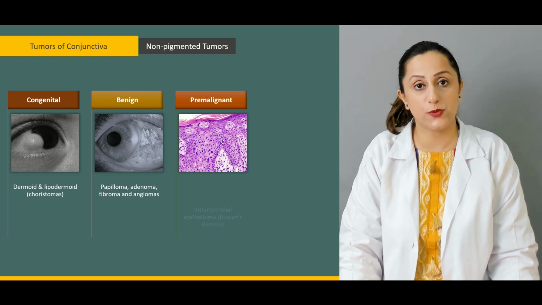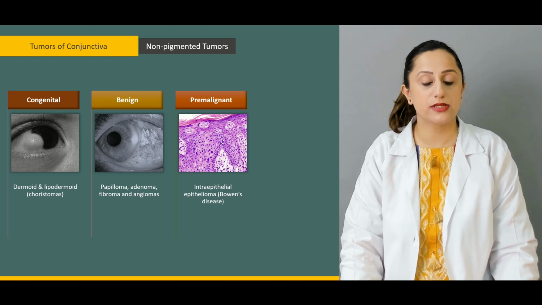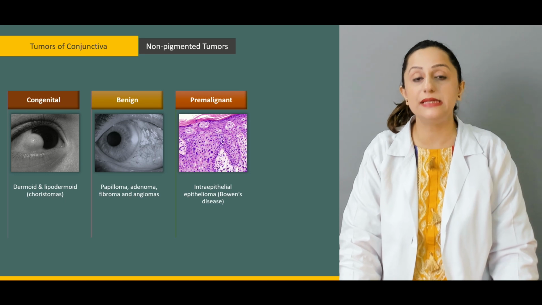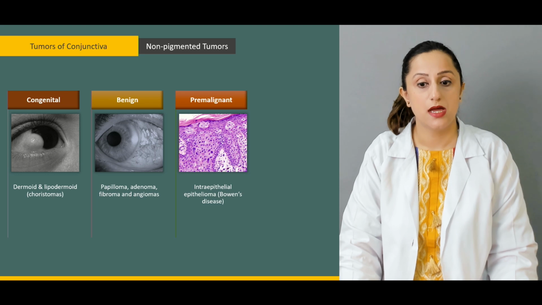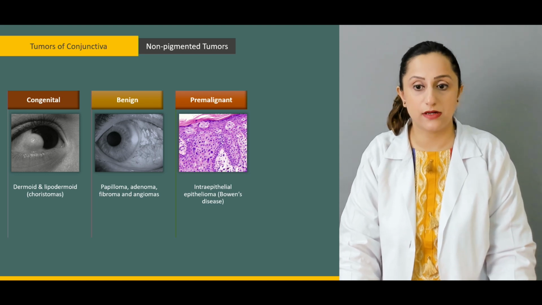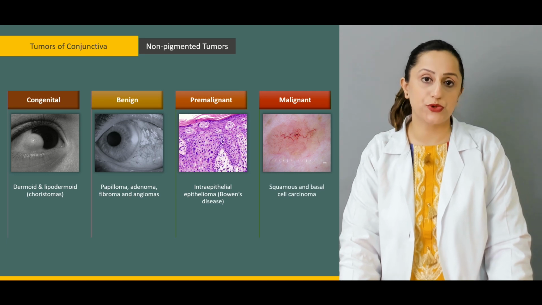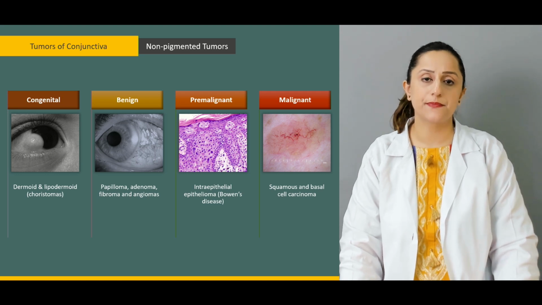Intraepithelial epitheliomas, also known as Bowen's disease, basically include the basement membrane along with the epithelium of the particular conjunctiva that it has focused on. The malignancies can also arise. That basically includes the squamous cell carcinomas and, on the other hand, the basal cell carcinomas.